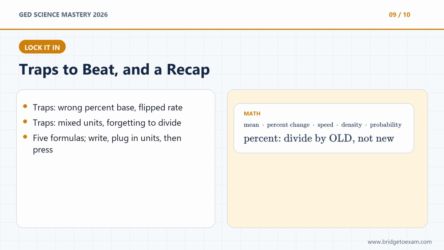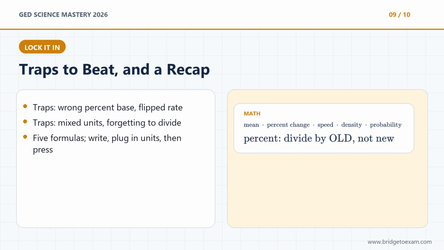Let's lock in the traps. 1. The wrong base for percent change, dividing by the new value instead of the old. 2. Flipping a rate, writing time over distance instead of distance over time. 3. Mixed units, minutes with seconds or grams with kilograms. Convert first. 4.